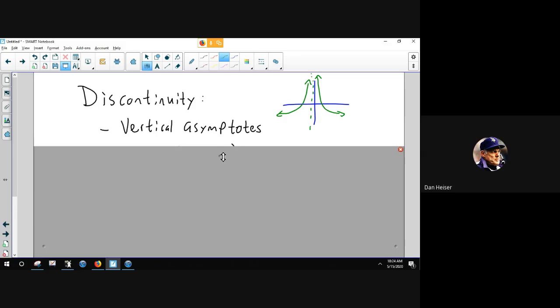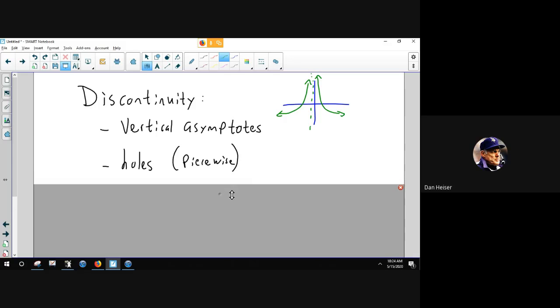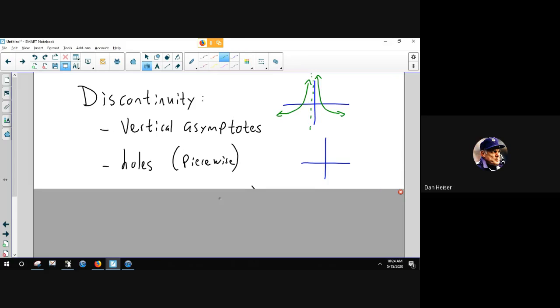We have another type of discontinuity that we've seen before. When we looked at piecewise functions, we saw that some can have holes. For example, I'll sketch another graph here. Here's a function that would be defined piecewise. There are two pieces.